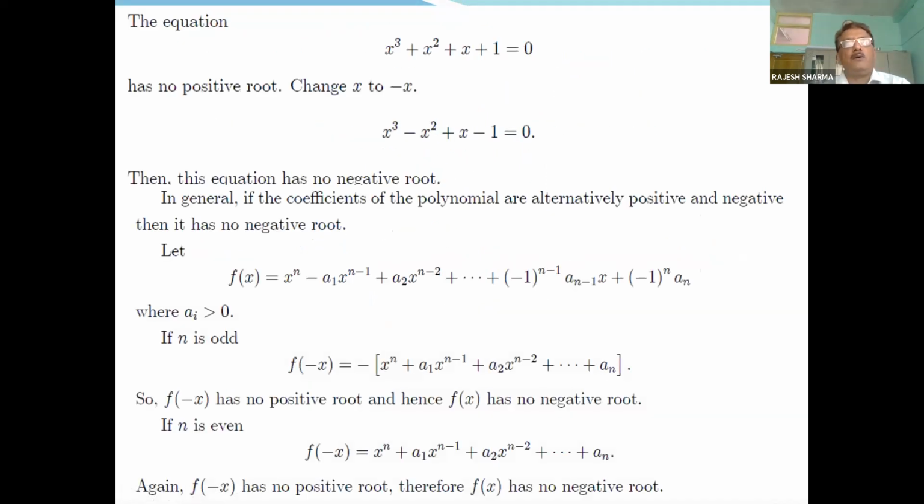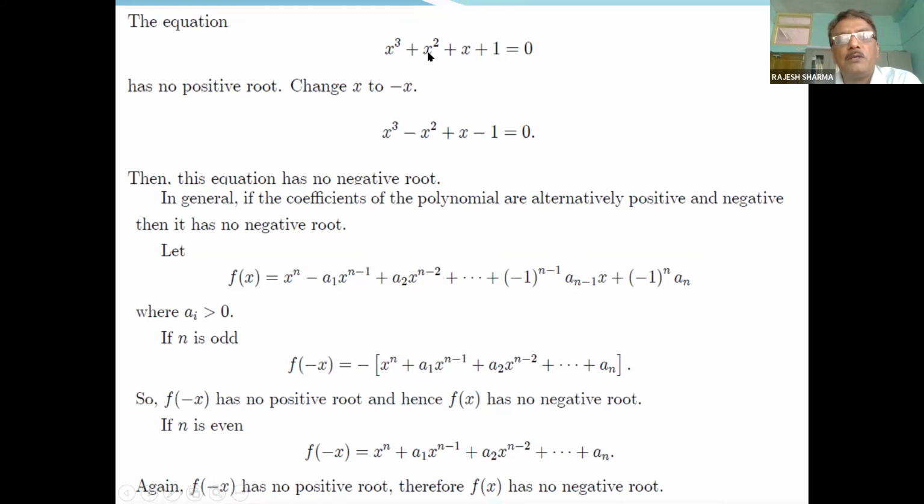Now we are going to discuss Sylvester's criteria to check when a matrix is positive semi-definite and when it is positive definite. Suppose we have the equation x cube plus x square plus x plus 1 is equal to 0. This equation has no positive root. Why?